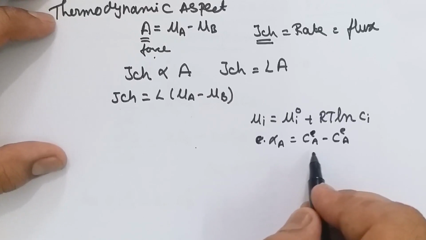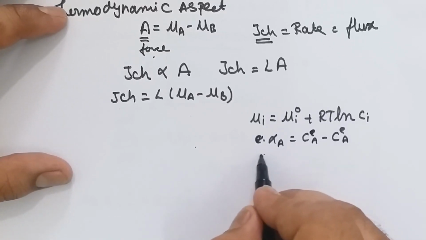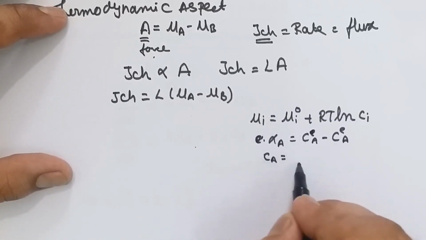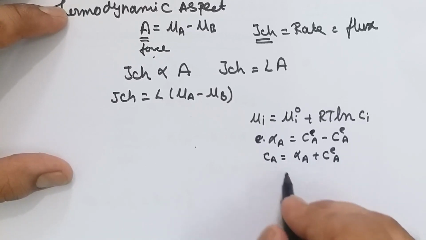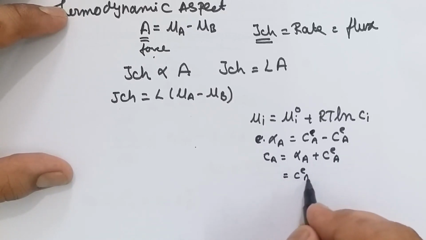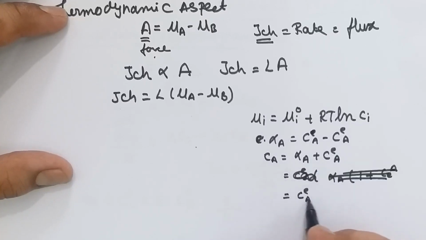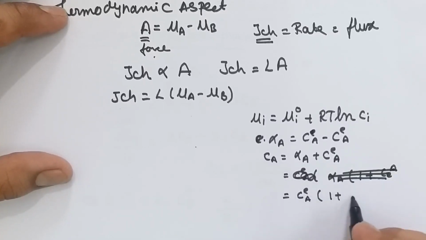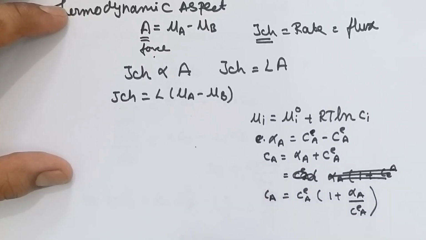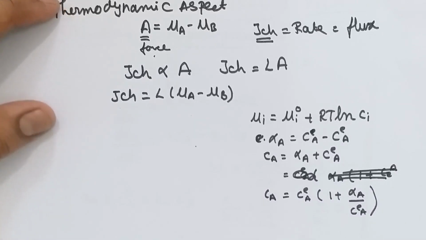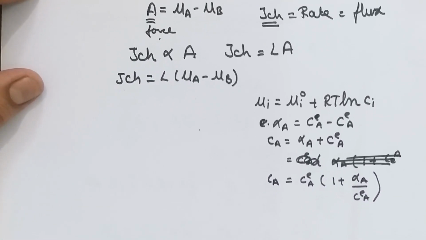So we can rearrange to get Ca is equal to alpha A plus CeA, and again we can take CeA common, CeA into 1 plus alpha A upon CeA. So this will be our concentration of A, and similarly we can have the concentration of B.